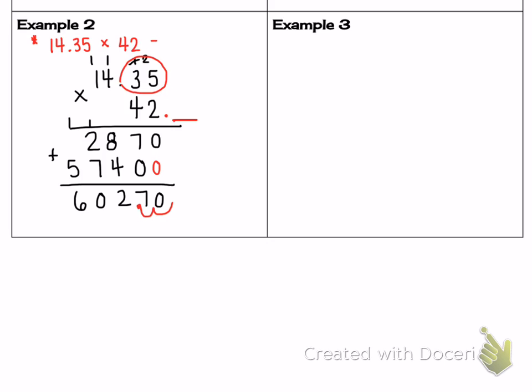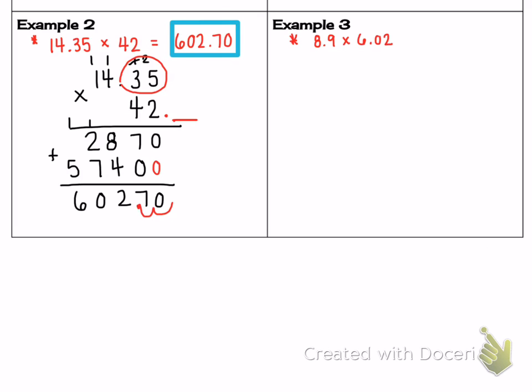And I get 602 and 70 hundredths. Now you really could have written that same answer without the 0 and wrote 602 and 7/10.